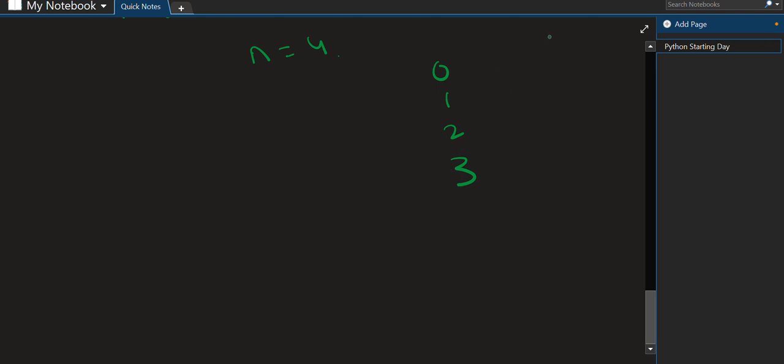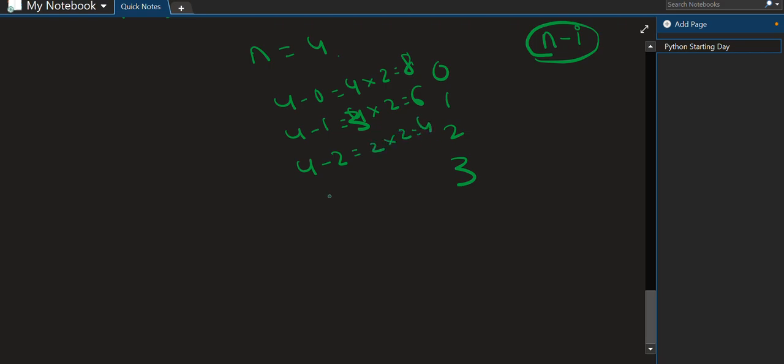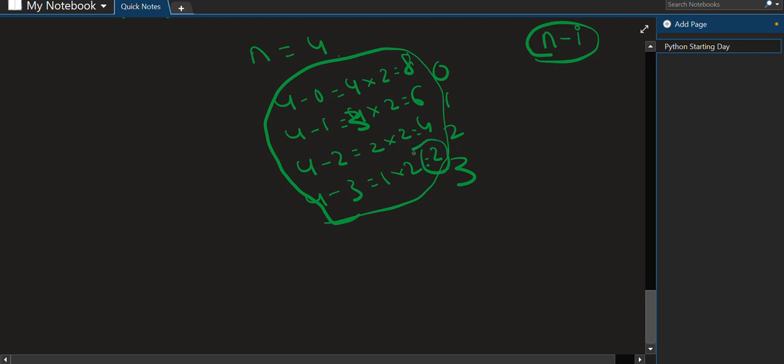If we go through this, n minus I, we are taking this formula, right? 4 minus 0, it should be 4. 4 into 2, 8 spaces. 4 minus 1, 3 into 2, it was 6 spaces. 4 minus 2, 2 into 2, 4 spaces. 4 minus 3, 2 spaces. If you do like this, in the last row also we are getting 2 spaces, right?